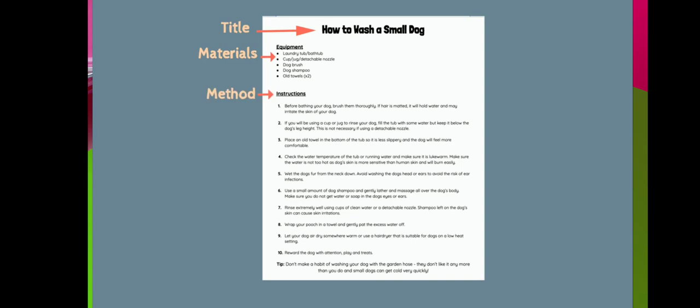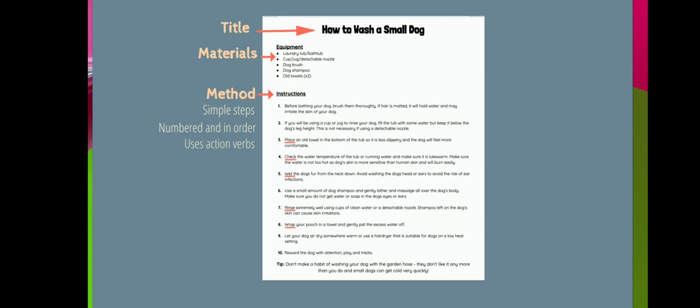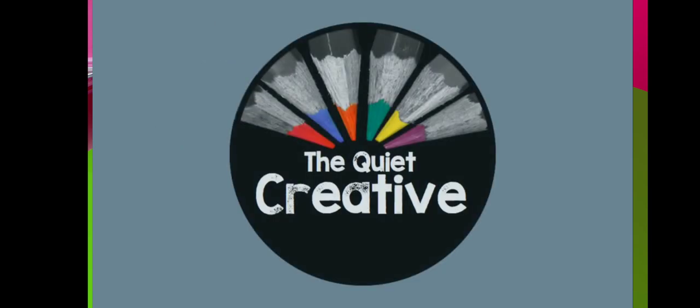And in the last one, you can see a tip: don't make a habit of washing your dog with the garden hose. That can be a tip or an advice or a caution written at the last. It should be simple steps, numbered and in order, written action-wise, and the tips at the last. It can be written in the beginning also.